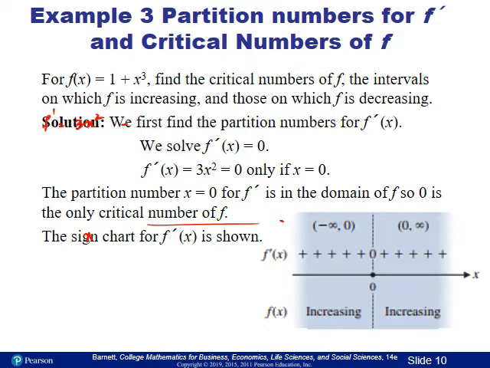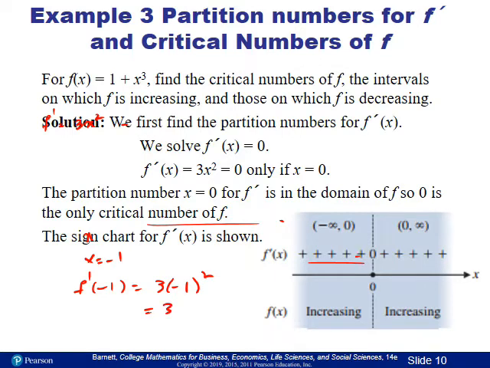The sign chart for f dash is shown: f is increasing either before 0 or after 0. How do we make this sign chart? You should know. Before 0 you can choose any number. Let's say we choose x equals -1, and we see that f dash of -1 is 3 minus 1, 2, which is a positive number.